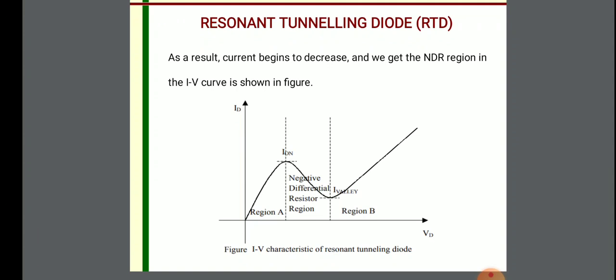This is the characteristics of the resonant tunneling diode, that is, the voltage and current diagram. See, the x-axis is voltage and the y-axis is current. When the voltage increases, the current also increases, that is region A. After that, when the voltage increases, the current decreases.